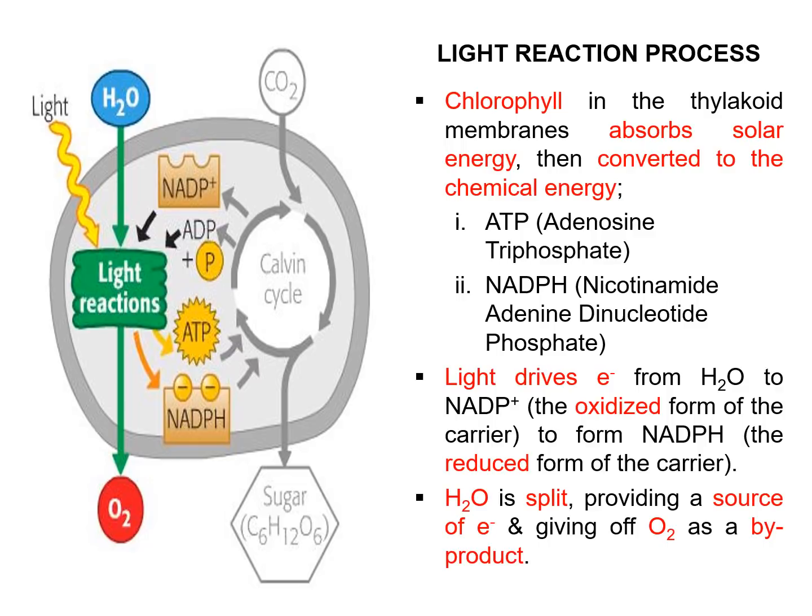So now we know during the light reaction process, the cell needs light to drive the electrons from H2O to NADP, which is the oxidized form of the electron carrier, to form ATP as well as NADPH, which is the reduced form of the electron carrier.